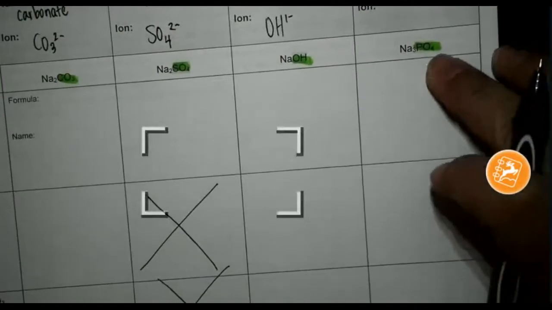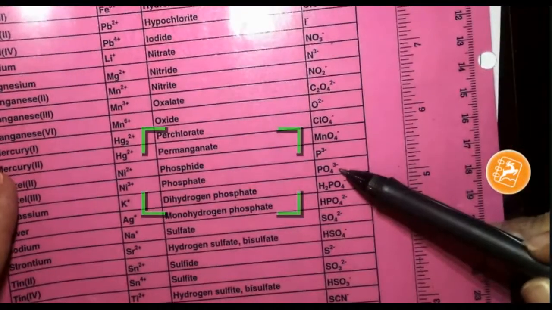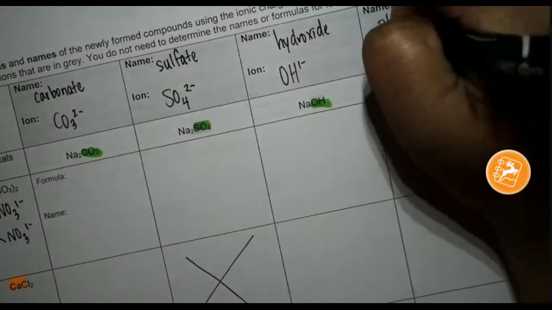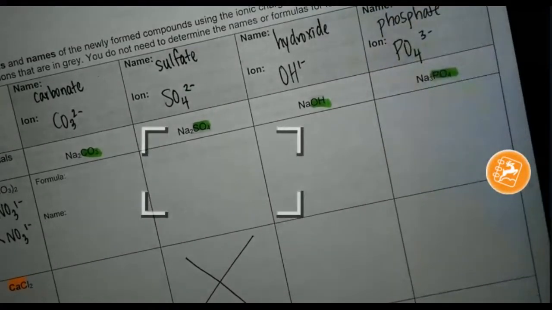And then here I have PO4. So look here, that's down here, phosphate, which is PO4 3 minus.